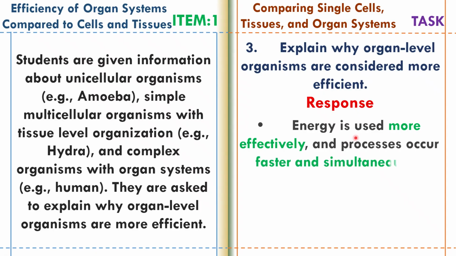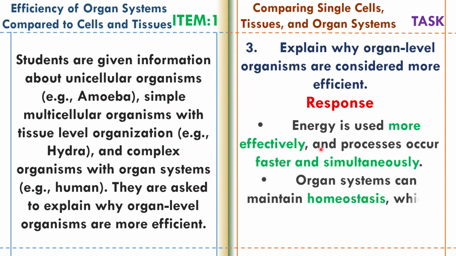Energy is used more efficiently and processes occur faster and simultaneously. Organ systems can maintain homeostasis, which single cells or tissue alone cannot.